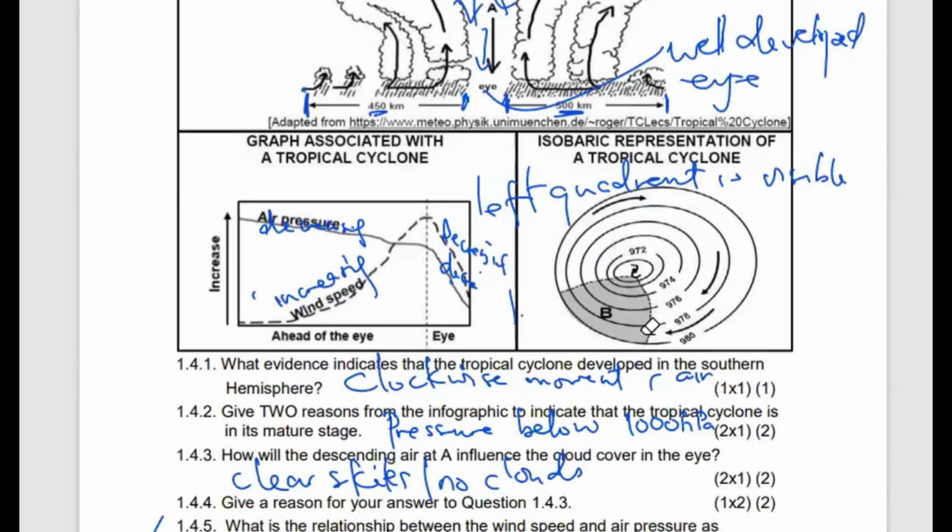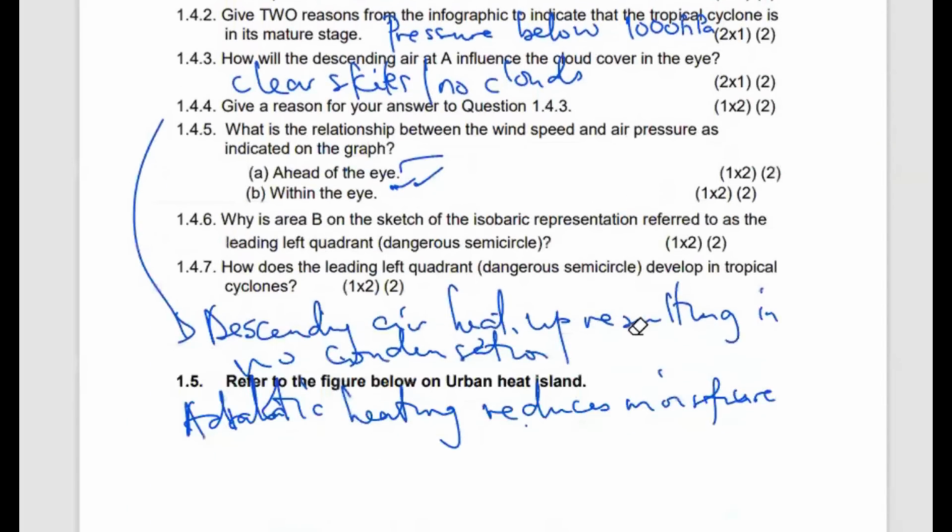And that is where we experience the worst destruction of the weather system. The air is very strong in that area, which we call the dangerous quadrant or the active quadrant. Why is it that the semicircle on the left is the most dangerous, with the highest wind speeds, resulting in the most destructive effects of the weather system? Why does it appear on that dangerous quadrant? That's the question.